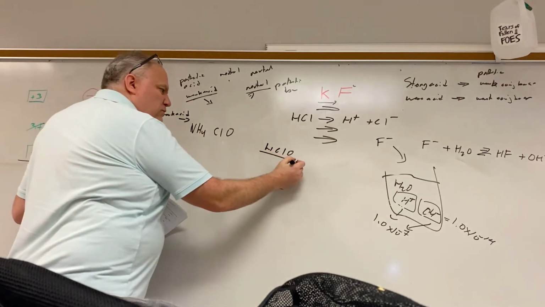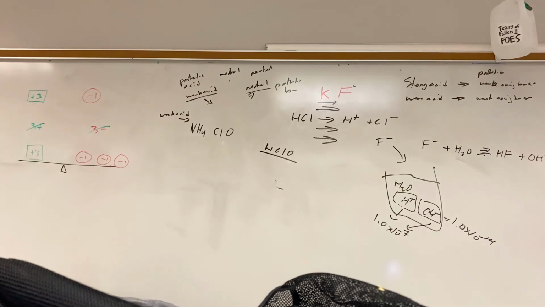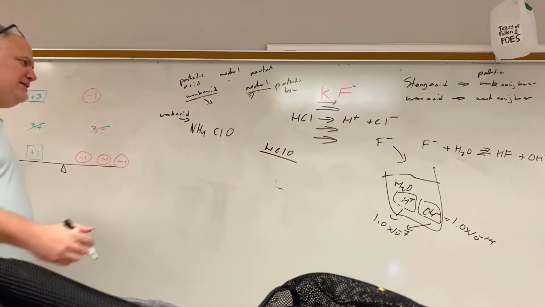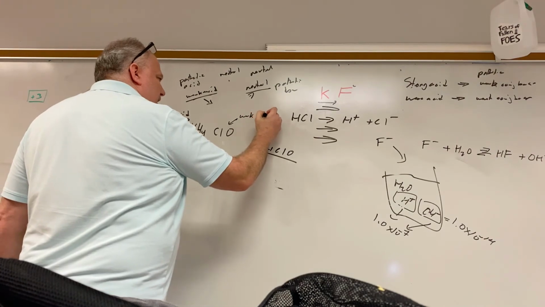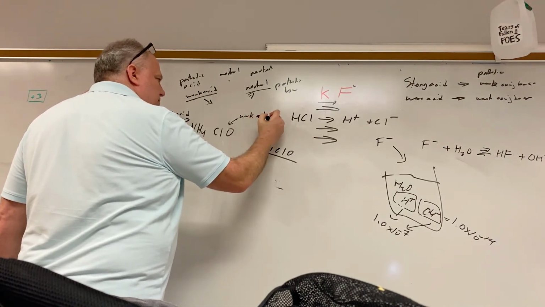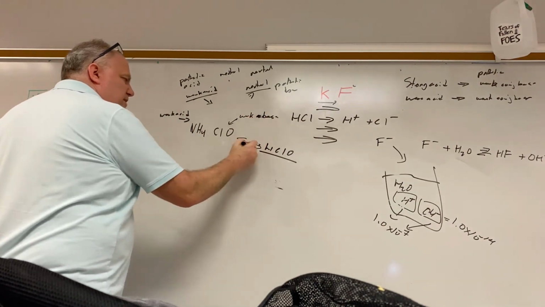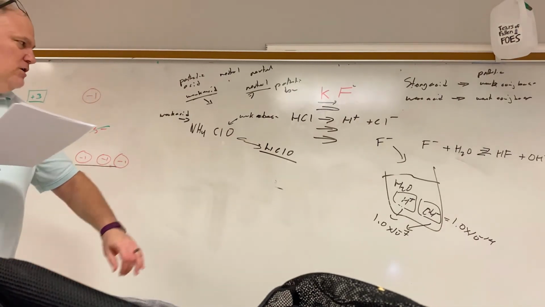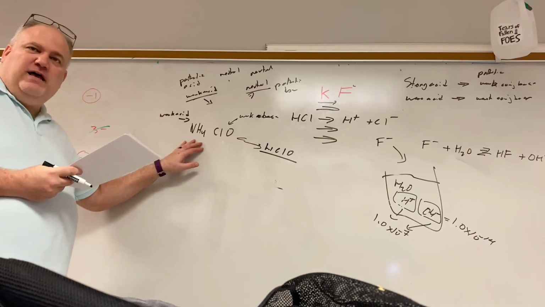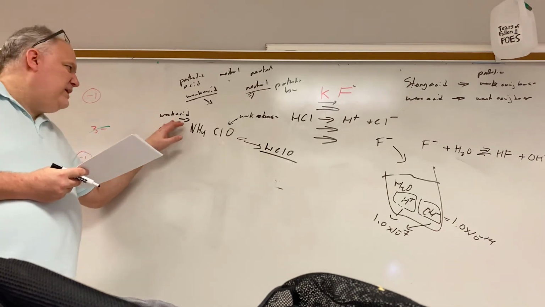But HClO, is that a strong acid? Nope. So what does that make this? It means this is a weak base. Isn't that the conjugate of this? So I have my NH4+ as part of my salt is a weak acid.